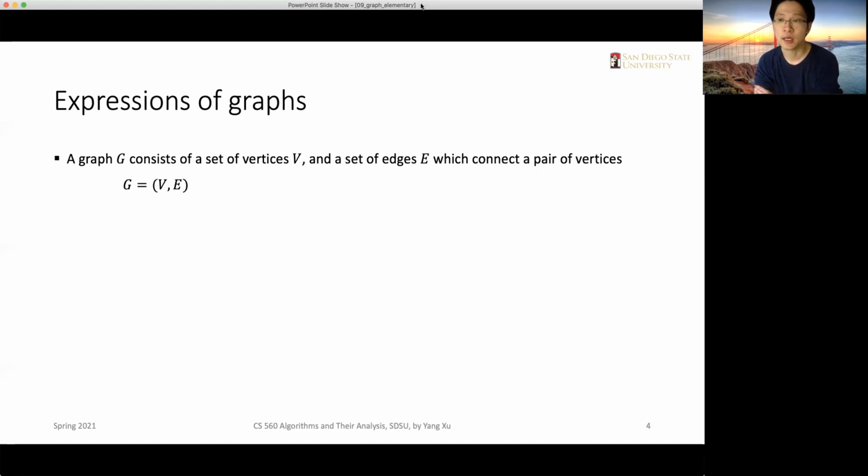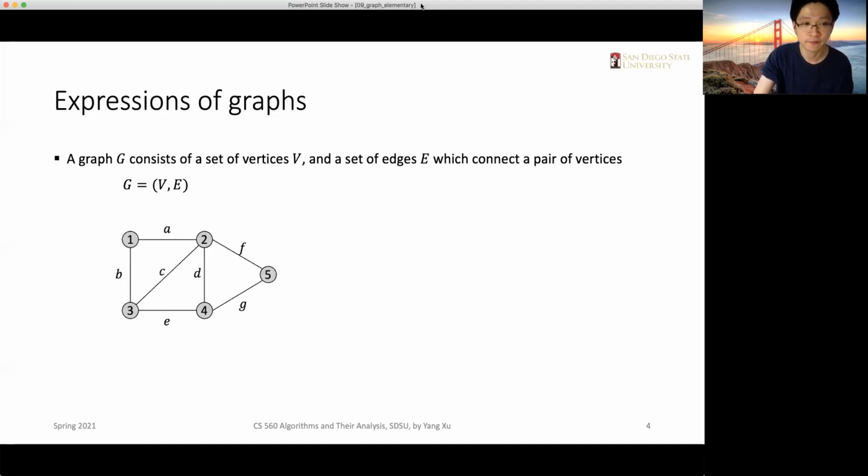And the convention we take is to use this equation, like G equals (V, E), to indicate that in this graph G, we have a set V and a set E that includes all the vertices and the edges in the graph.